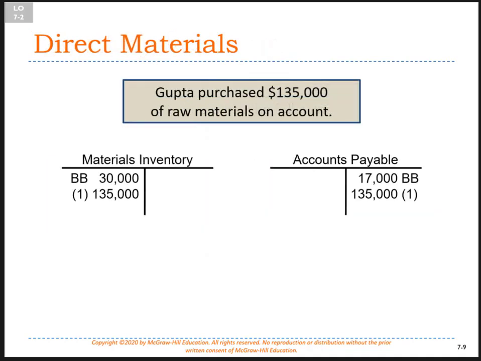So looking at the journal entries in the T accounts, you can write them out as debit and credit. You can see them here in the T account to track the balances. We're going to buy raw materials. We're going to debit inventory. We're going to credit accounts payable. Bought it on account. If you bought them for cash, it would be a credit to cash.